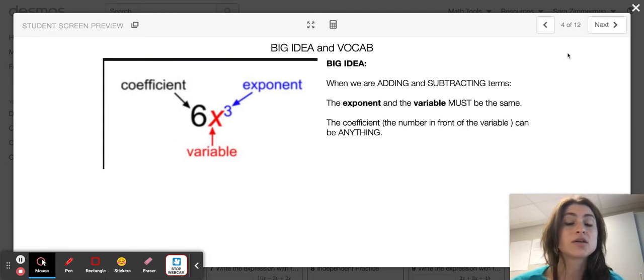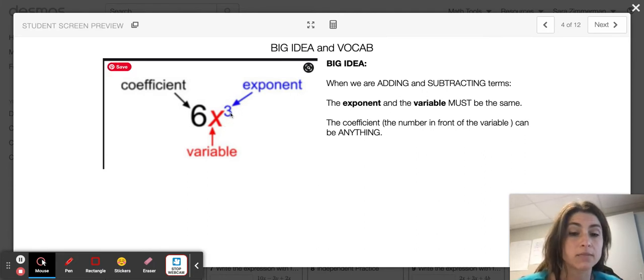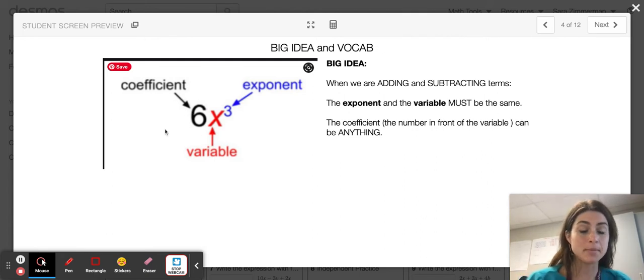Next is our big idea. Okay, when we are adding and subtracting terms, the exponent, the tiny baby number, and the variable must be the same. The coefficient, the number in front of the variable, can be anything. This could be a 500, this could be negative 45 million, whatever.